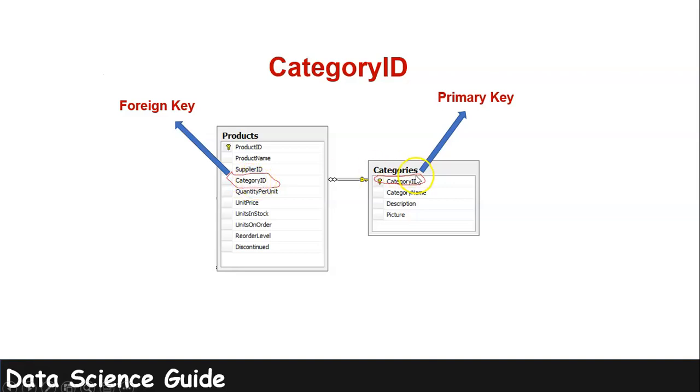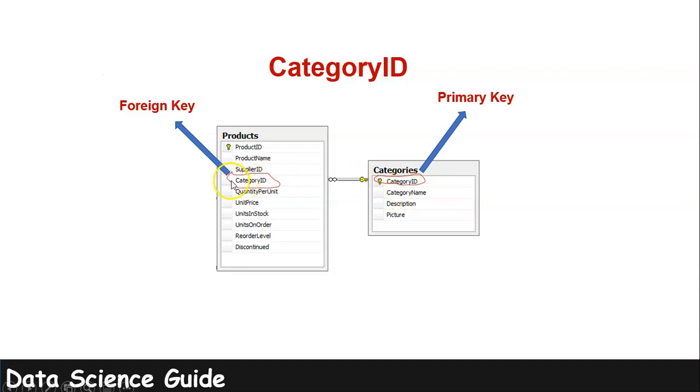So first we need to fill the data in the categories table, and after that we can start filling the data in products. That's why we call category ID here a primary key: the data should be inserted here before it can be inserted in the products table.